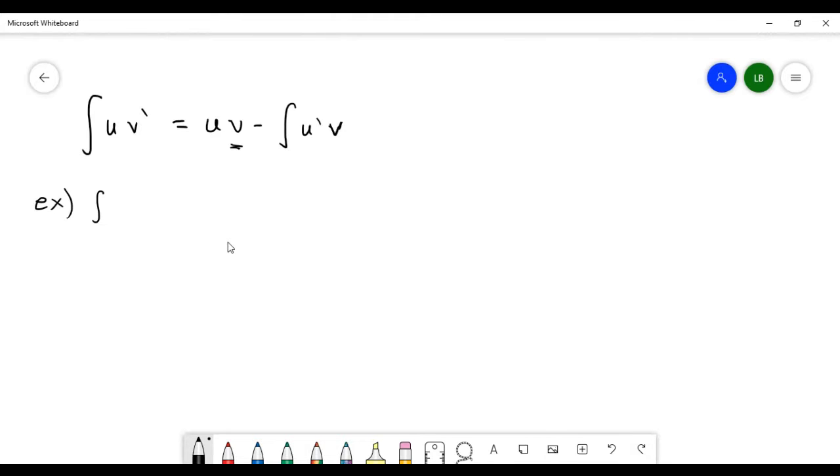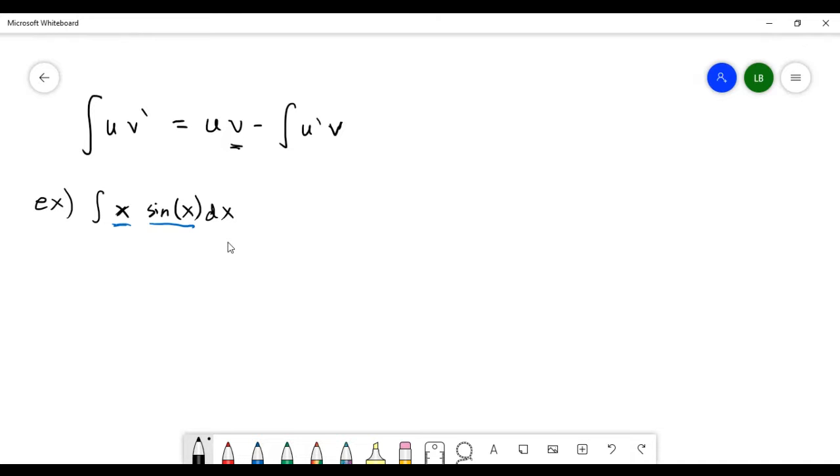Let's say we had the integral of x times the sine of x dx. And we needed to take the integral of this. Well, it doesn't fit any of our nice u substitution rules, but we do have the product of two sections, x and sine of x.